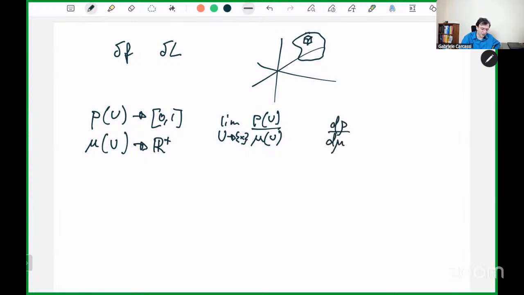Again, thinking in terms of what we said before, let's say we make a variation on the volume, a little bit bigger or smaller, then we get a variation in the probability. So in terms of differential geometry or differential topology, this should become a volume form.